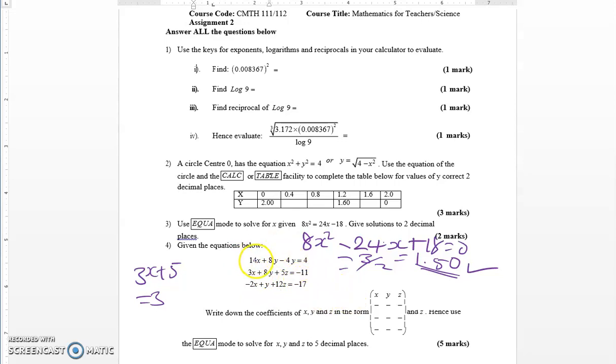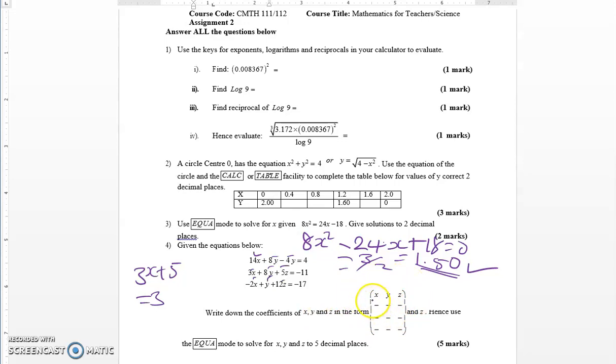So it means that 14 is the coefficient, 8 is the coefficient, we have -4, we have 3, we have 8, we have 5, we have -2. y here is simply 1, then we have 12. So you are simply required to write down the coefficients of x, y, and z in the columns provided here.